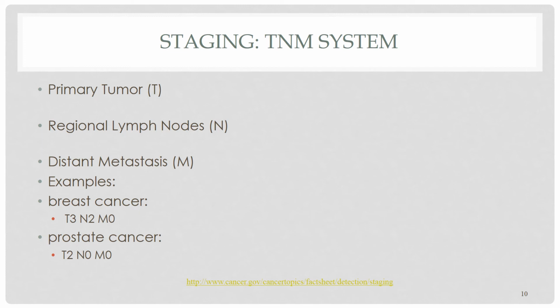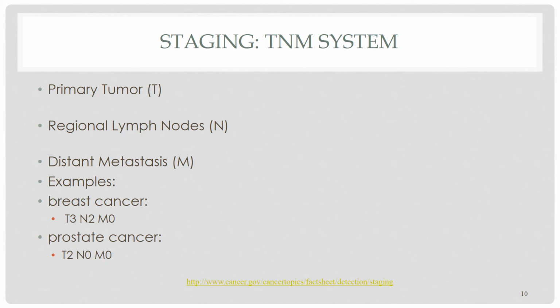If there is nothing in the lymph nodes, you may say N0, and if there is some involvement, you may place a number then, N1, N2, and they reflect the number of lymph nodes and the extent of spread. So distant metastasis, if there is none, it's M0. And if, let's say, there is one, M1.